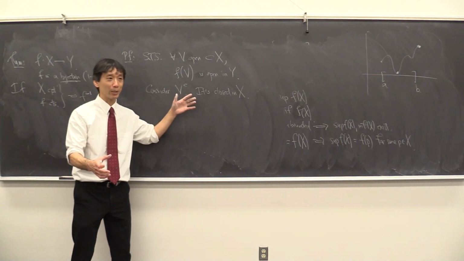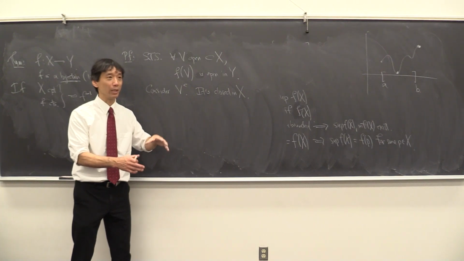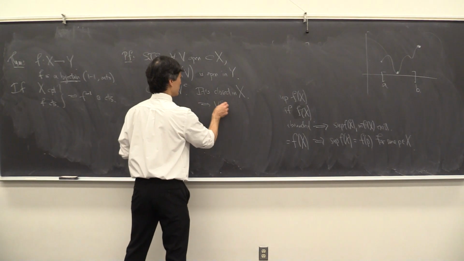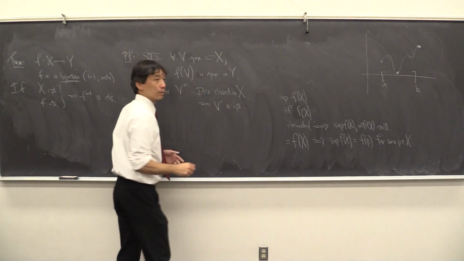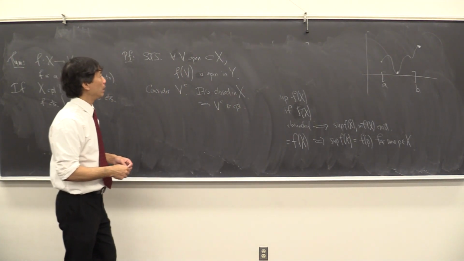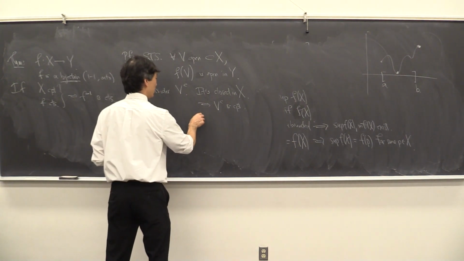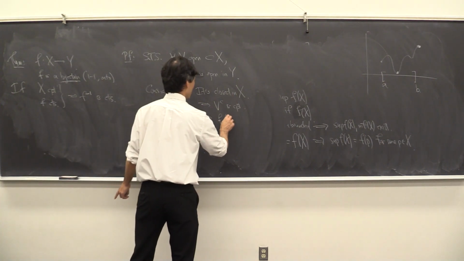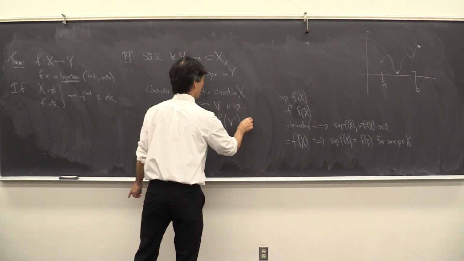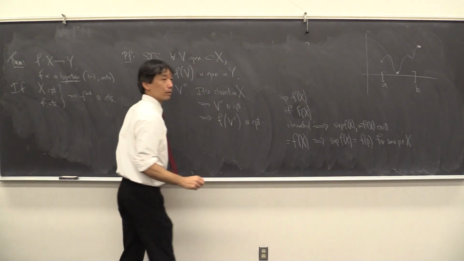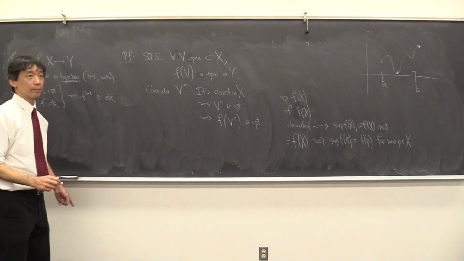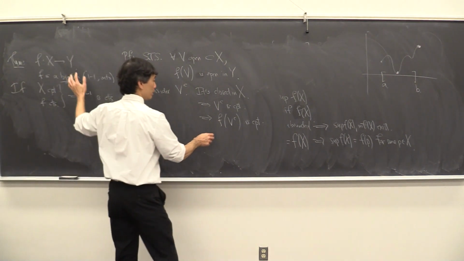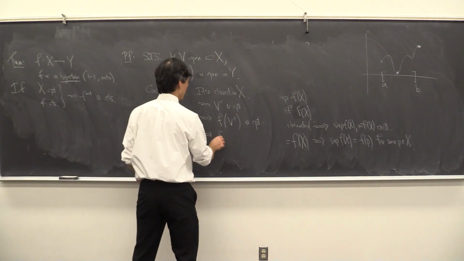The closed set is going to be compact. So V complement is compact. Now f was continuous, so f of V complement is also compact. So we've got this compact set sitting inside of Y, but being compact means that it's closed.